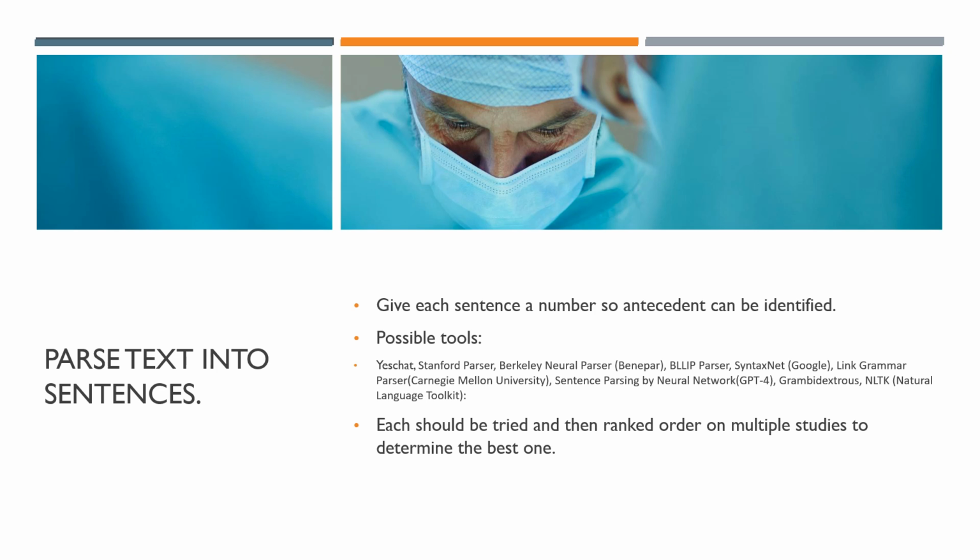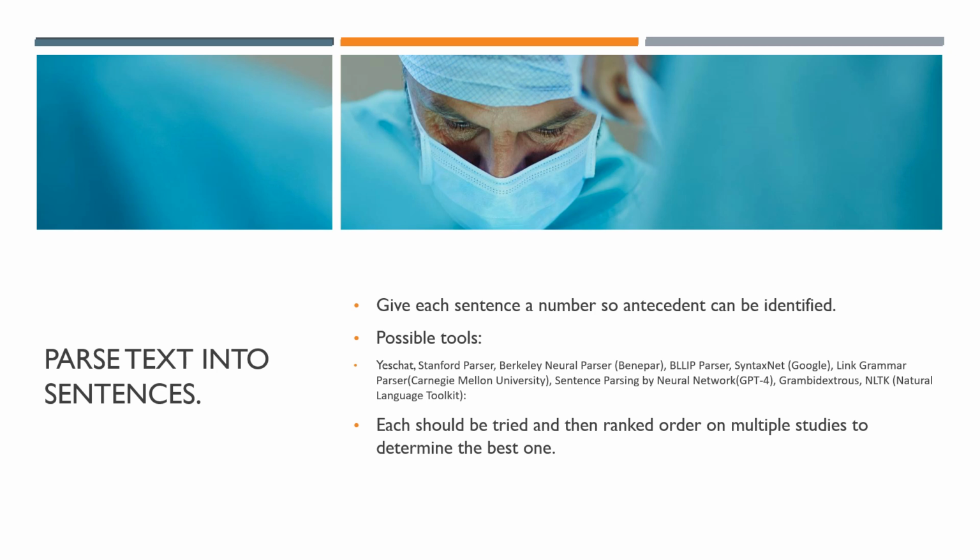So you have some work and some exploration to do, because medical literature is a language to itself. Each should be tried and then rank ordered across multiple studies to determine which one seems to do the best job. In some cases you may actually want to run an article through two or three of them and process each one separately, which is fine.